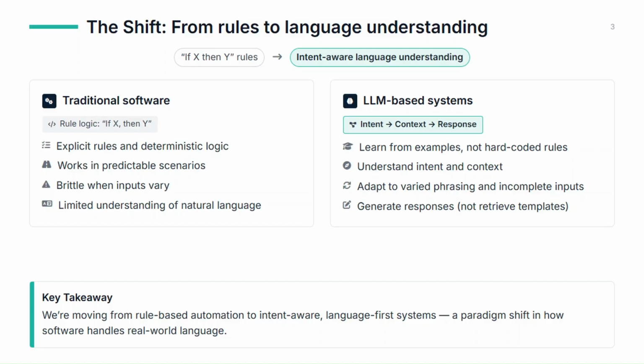LLMs introduce a fundamental shift. Instead of hard-coding rules, they learn from examples. Instead of focusing on syntax, they focus on intent and context. Instead of retrieving fixed templates, they generate responses dynamically. This is not automation 2.0. This is a paradigm shift from rule-based systems to language-first systems.